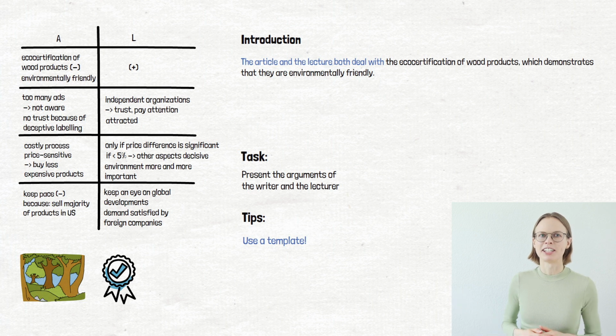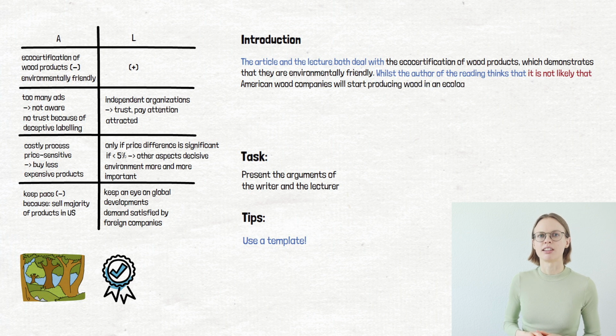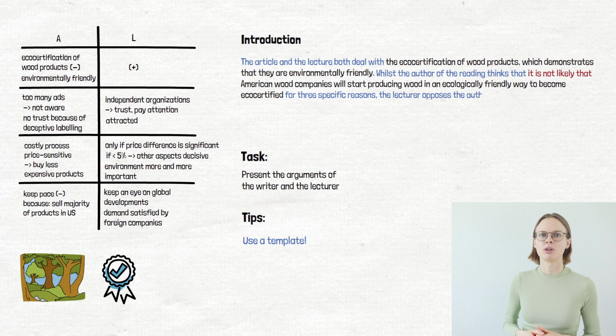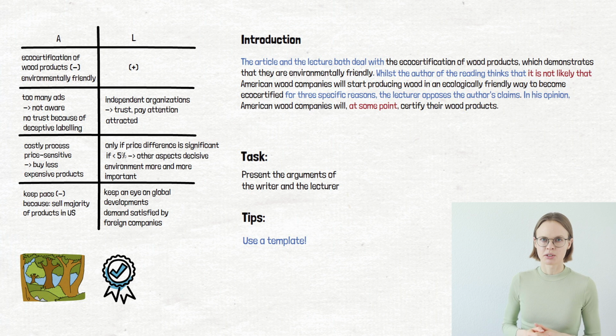I'm going to write: whilst the author of the reading thinks that it is not likely that American wood companies will start producing wood in an ecologically friendly way to become eco-certified for 3 specific reasons, the lecturer opposes the author's claims. In his opinion, American wood companies will at some point certify their wood products. We are now done with the introduction.